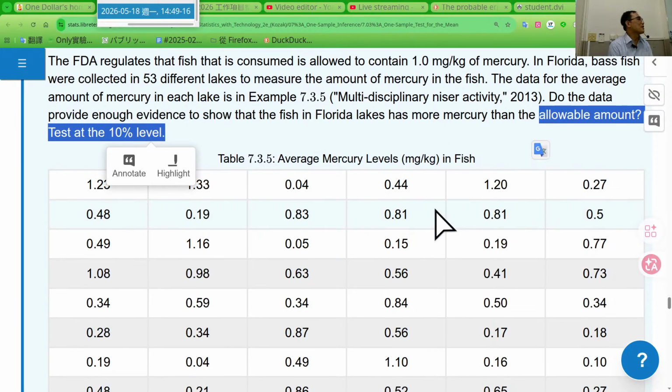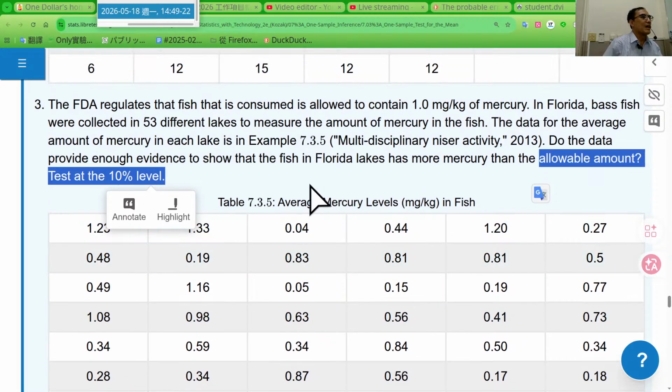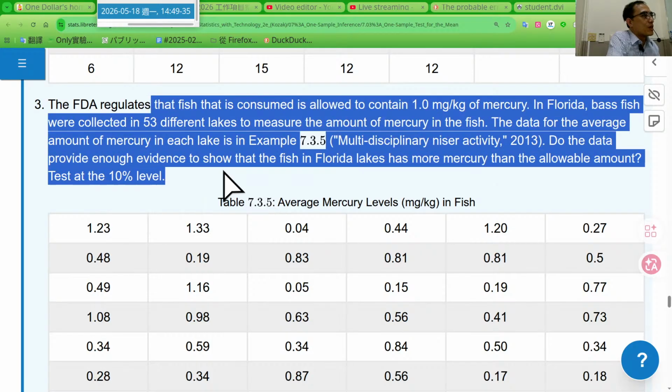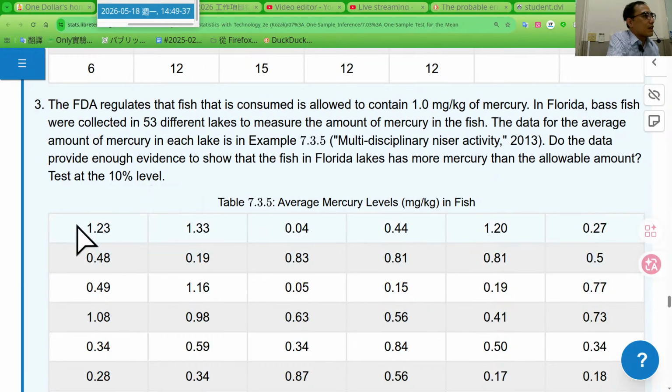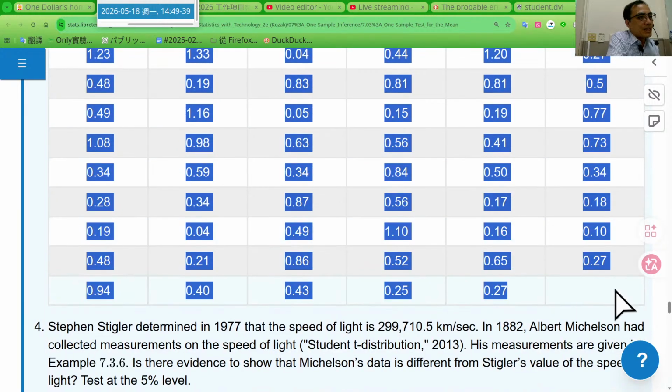Okay, let me stop here. Please use 3 minutes to solve this problem. And again, if you forgot the format, please move to previous examples. First, check the variable and state the assumption. And second, calculate the number here.